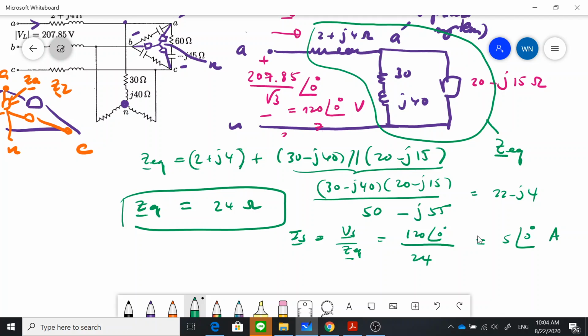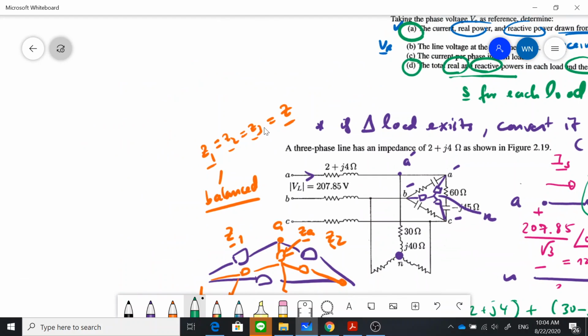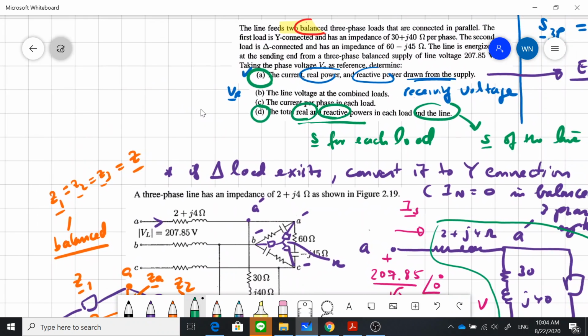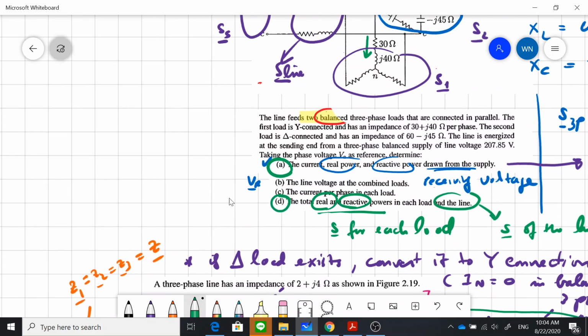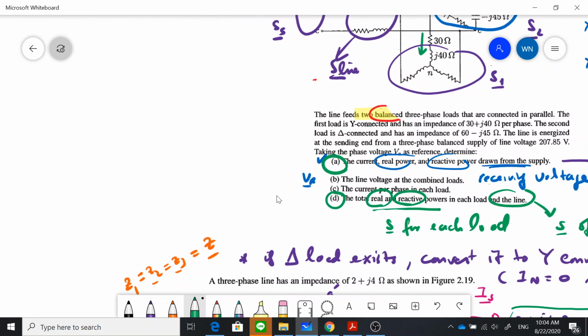Now let's compute, because problem A asks you to find the real and reactive power drawn from the supply. So problem A asks you to also compute the S of the source. So S of the source would be your Vs times Is conjugate, right?